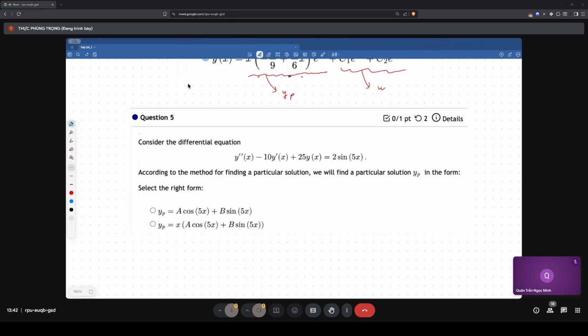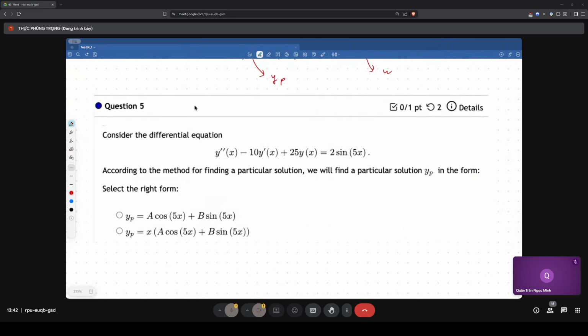So let's do question number 5. If you just find the form, it may be quick, right? So look at this one.